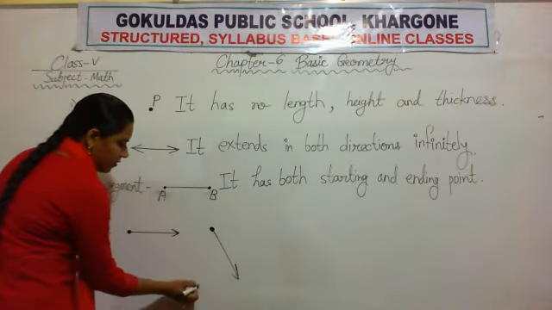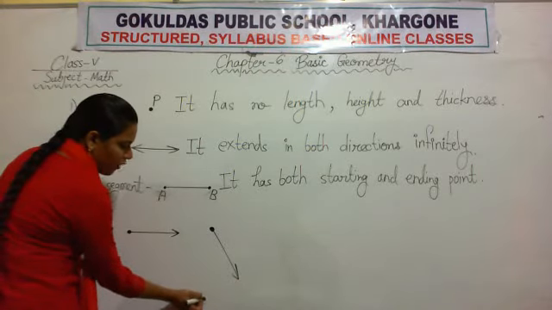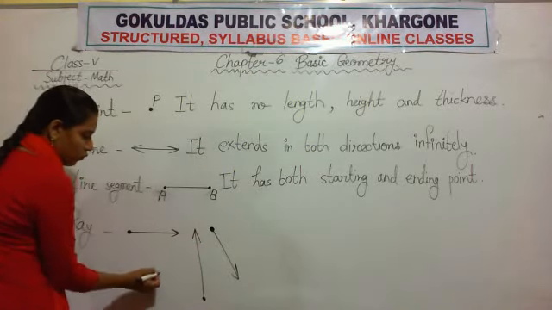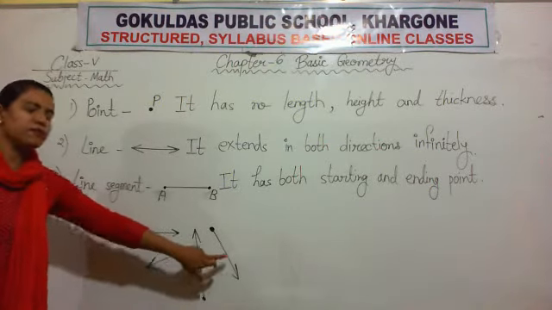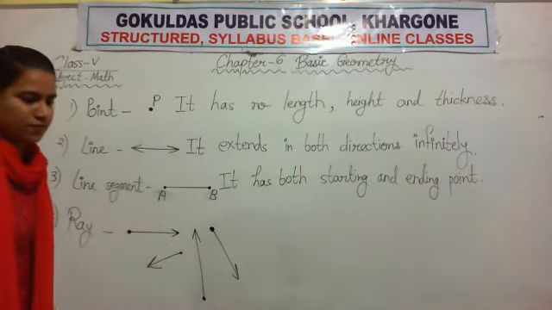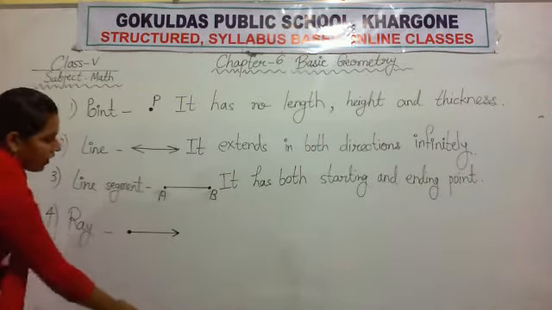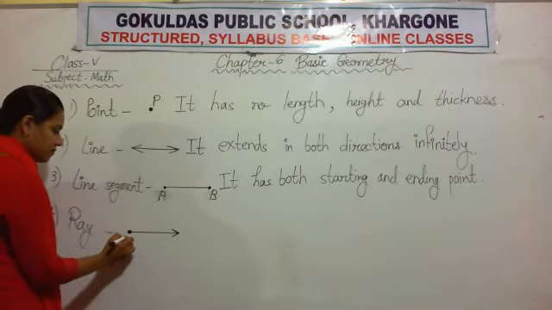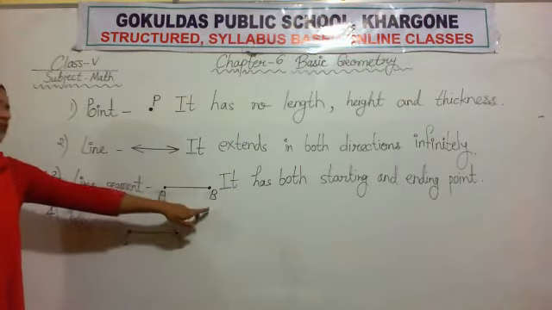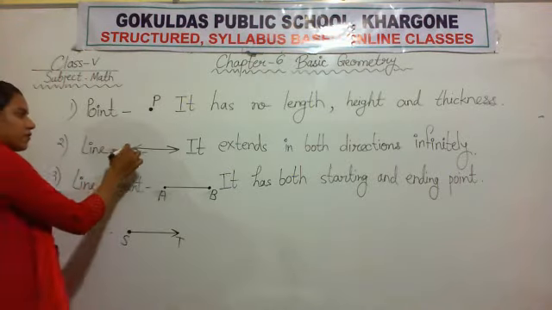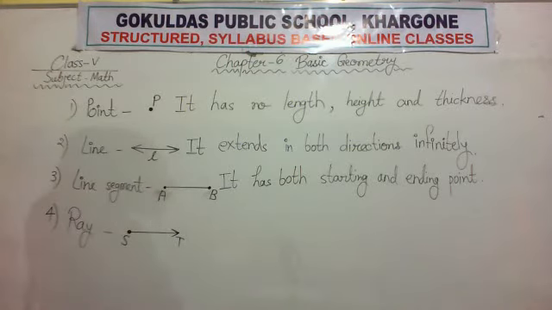A ray has one endpoint, and the other end has an arrow. All these are the symbols for a ray. Now we can give names to a ray also, like S, T. ST is a ray, AB is a line segment, P is a point, L is a line.